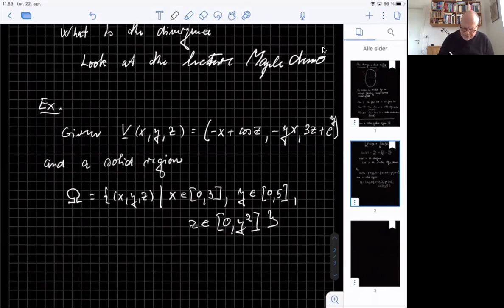And the question is, determine the flux through the surface of the region omega.